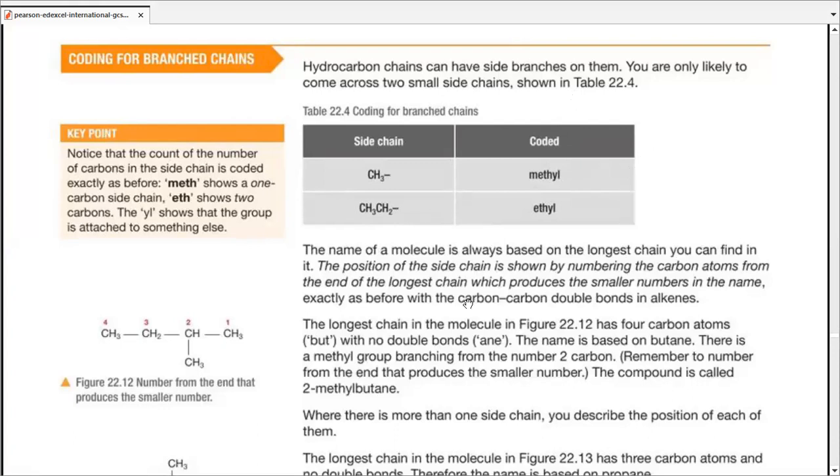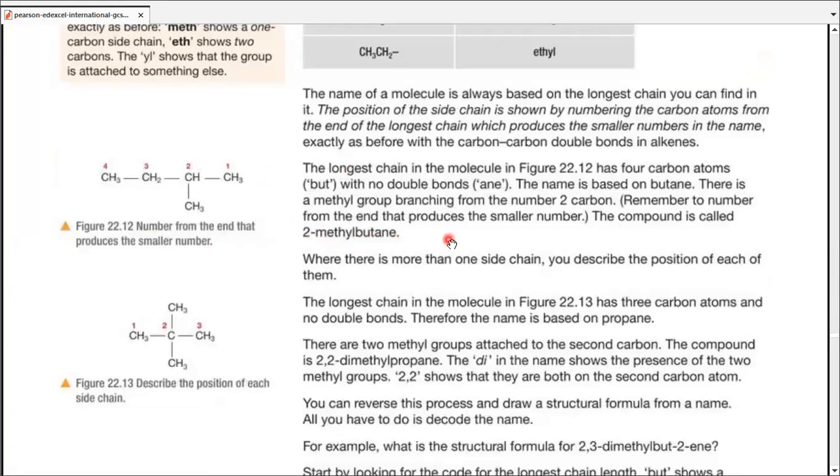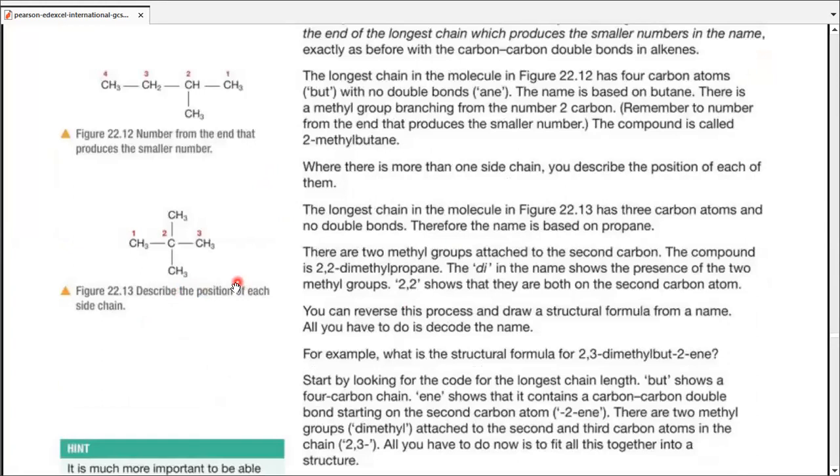How are we supposed to come up with a name? There are other ways of describing this too. This is the case where the straight longest chain has two branches on the same carbon atom, one on top and one at the bottom. How are you supposed to do it then?